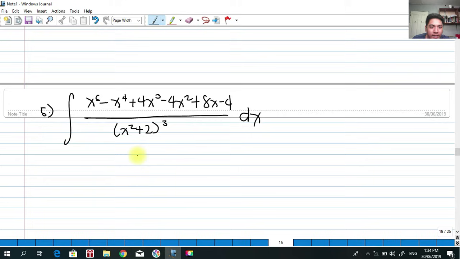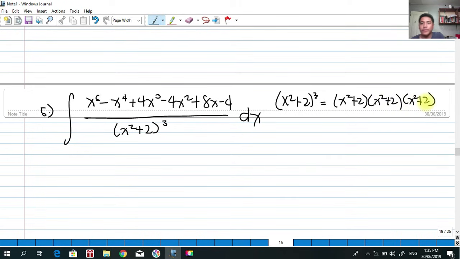And again, this is a repeating term. x squared plus 2 cubed is simply equal to x squared plus 2 times x squared plus 2 times x squared plus 2. But we will not write it as ax plus b over x squared plus 2.